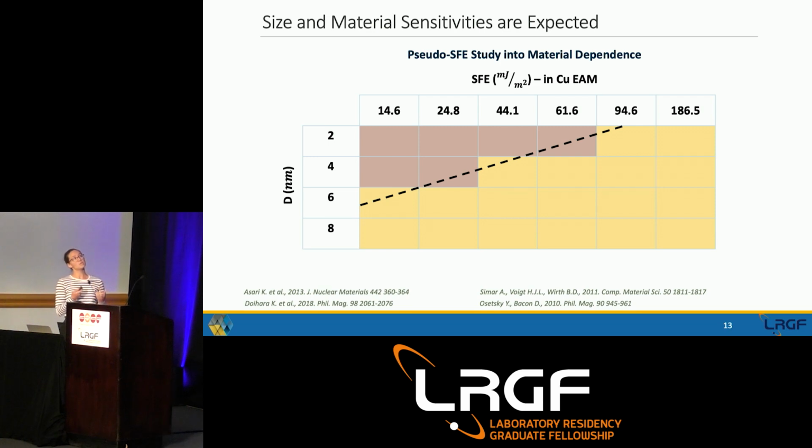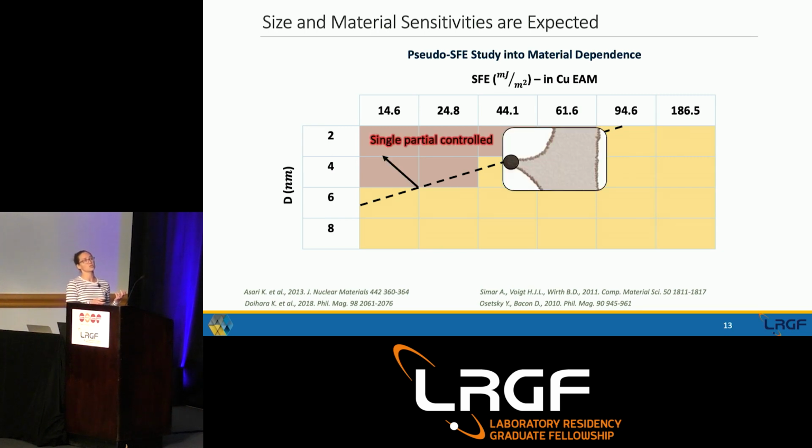So what this one group did is they took a copper interatomic potential and artificially changed the stacking fault energy without changing any elastic properties, no Burgers vector, everything else stays the same. And when they do that, we can see this kind of parameter space evolve, as you increase your stacking fault energy, which means that you increase the penalty of having that stacking fault width. And as we change the void diameter, we have these kind of two regimes.